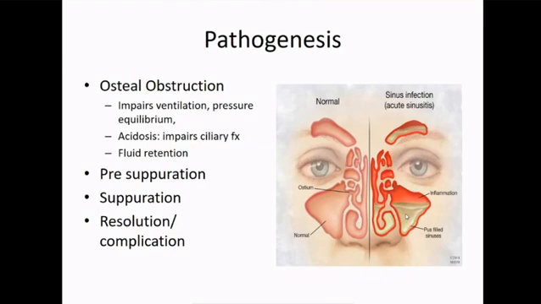What is the purpose of the drain? To drain out the seroma, or the fluids. If this fluid accumulates there, it's not good, because sooner or later this fluid can get infected and become pus.